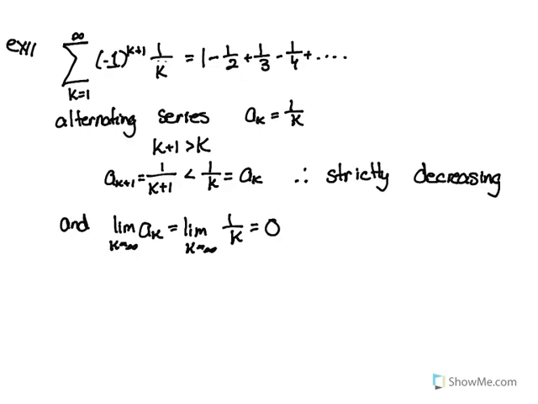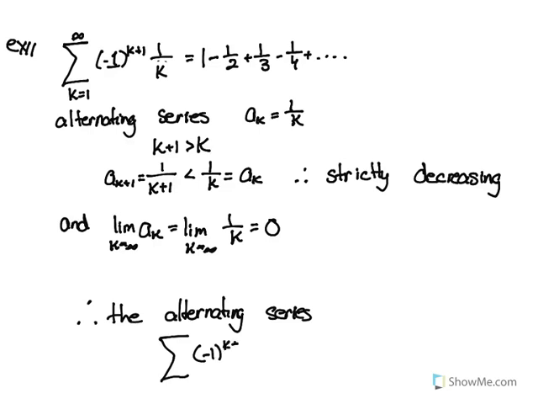So these are the two conditions for the alternating series test, which implies that the series we started with is convergent. So therefore, the alternating series, the sum of (-1)^(k+1) times 1 over k, converges.